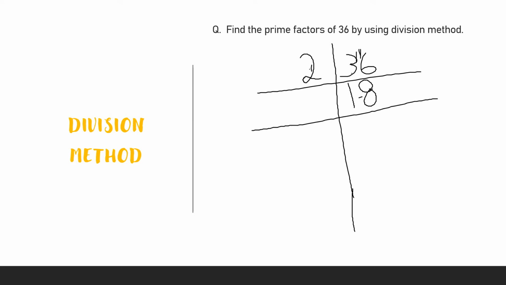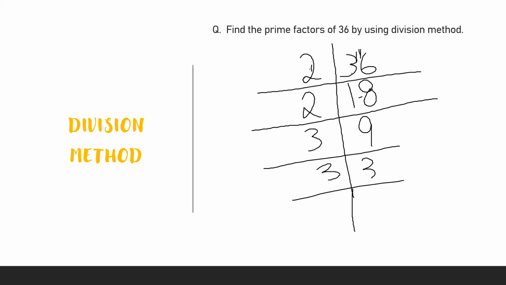We can again divide it by 2 because 2 nines are 18. Now we cannot divide 9 by 2 because 9 is not an even number. Now we can do it with 3. 3 threes are 9. 3 ones are 3. So this is basically just a division, but the method of representation is changed here.